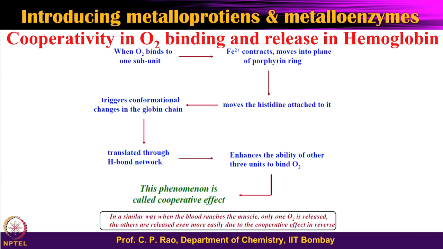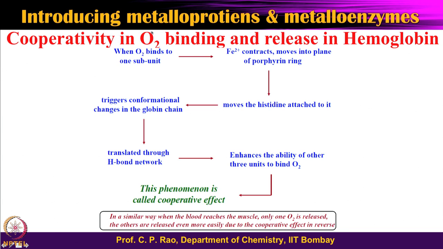Similarly, when it releases, it goes exactly the reverse way. When one of the oxygens is released, then the oxygen from the rest of the heme centers will also get easily released.